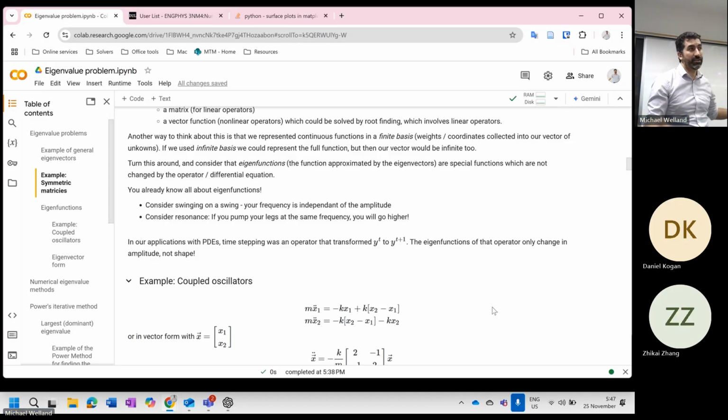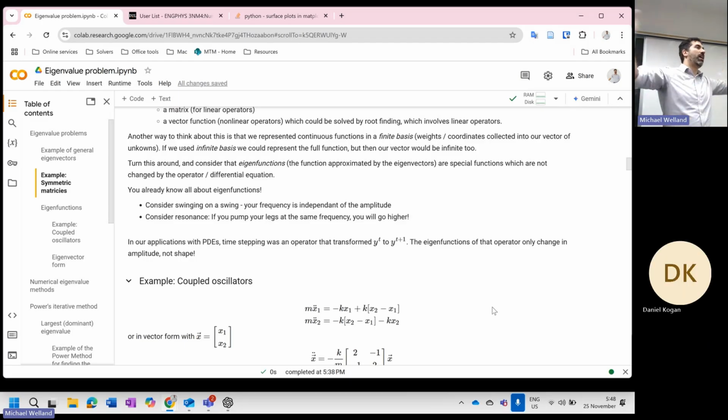These are waves. When you swing your feet, you don't change your frequency of the oscillation, but you do change the amplitude. So all you've done is take your original wave motion and make it higher amplitude, i.e. you've changed its eigenvalue. That's it.